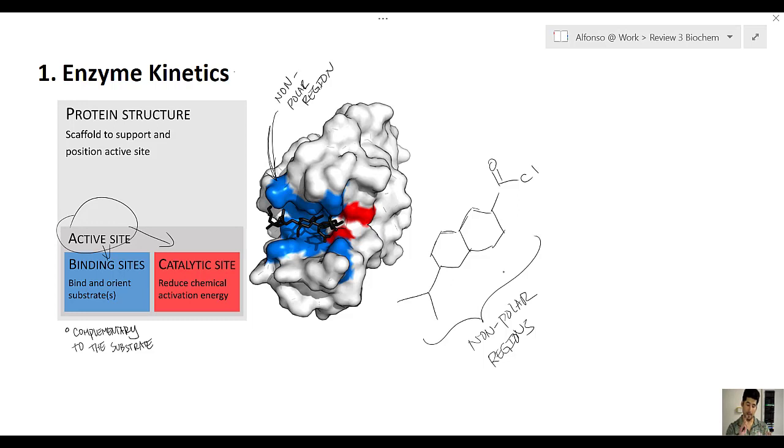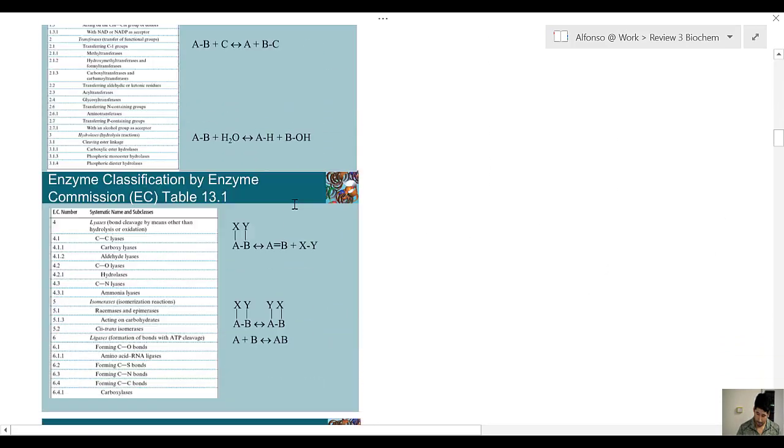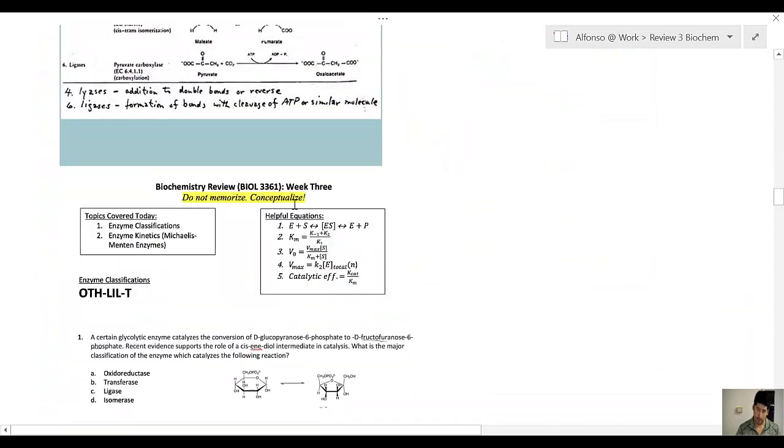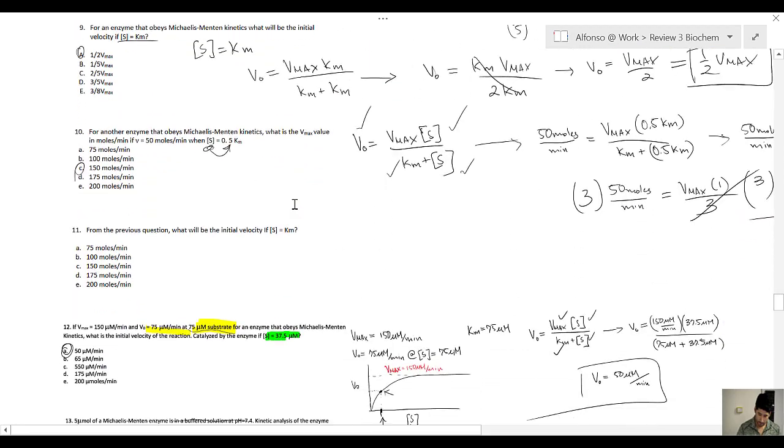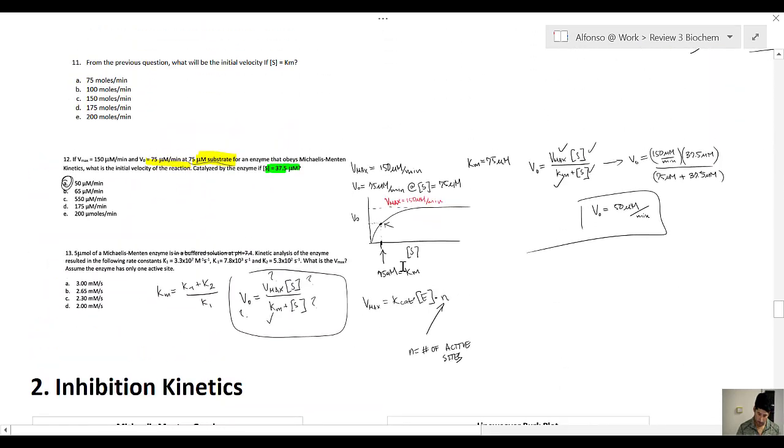And how does it grab that substrate? It must have a complementary binding site to that substrate. So by complementary, it must be nonpolar if the molecule is also nonpolar, and it must also be the correct shape for that molecule. This is very important for you to conceptualize. It's going to come up in the next few chapters.